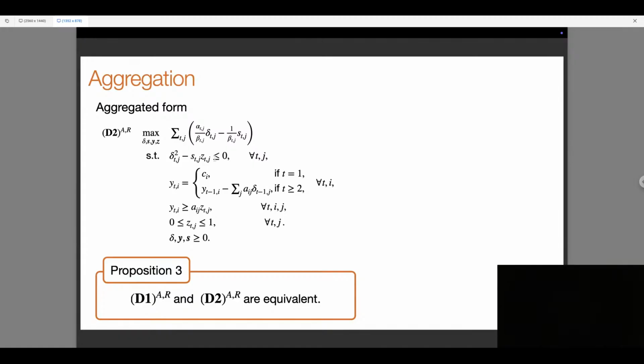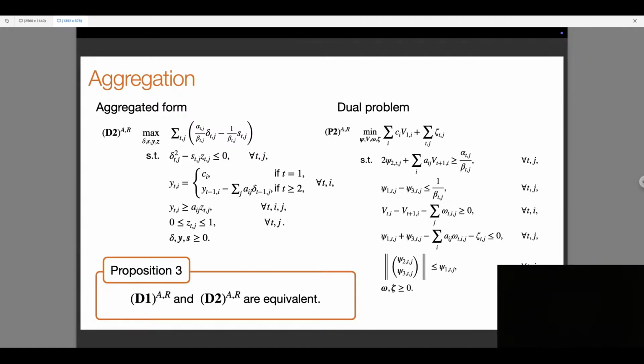So this one is much easier to solve. And we can even find its dual problem P2AR. Both of them are tractable SOCPs that can be put into a commercial solver and solved quite fast.